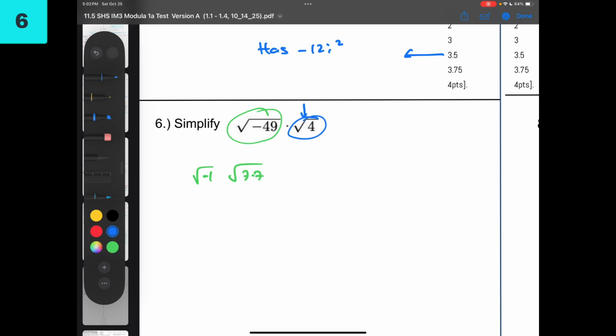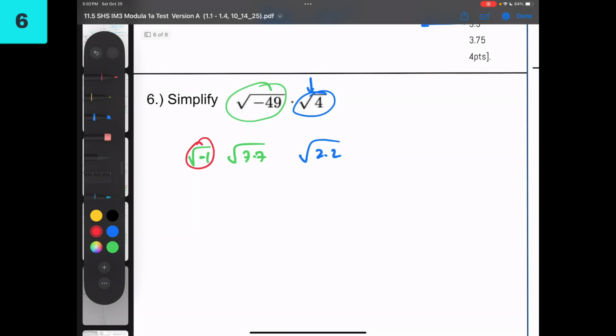And this one is just 2 times 2. So this becomes i on the outside. This becomes 7 on the outside. It's a pair. They can come out. When you see it from afar, you only see 1, and then you have a 2 here, all by multiplication. So then you just multiply, and you get 14i as your answer.